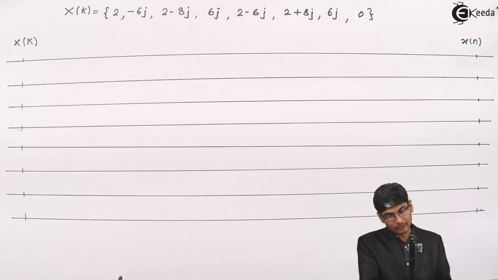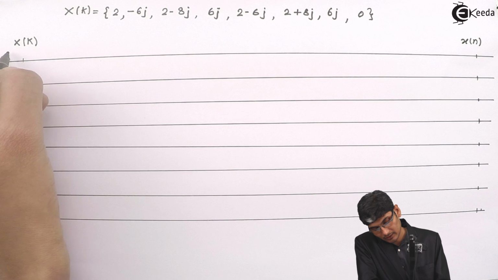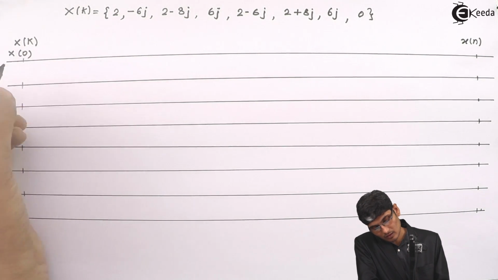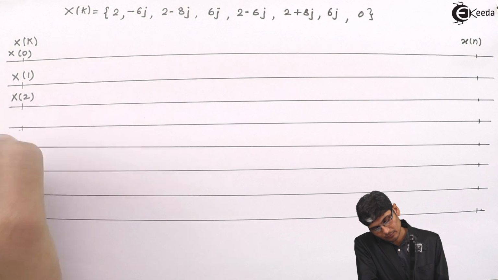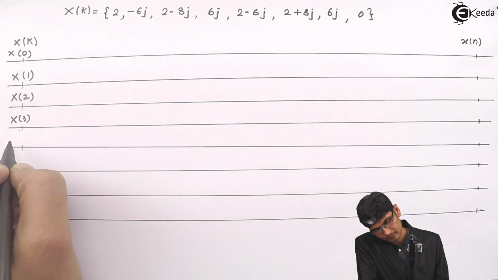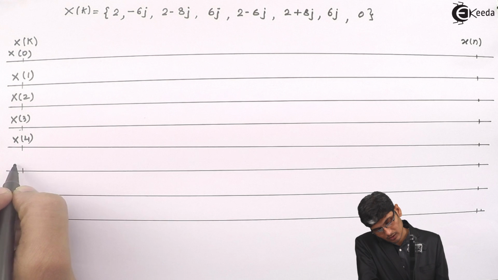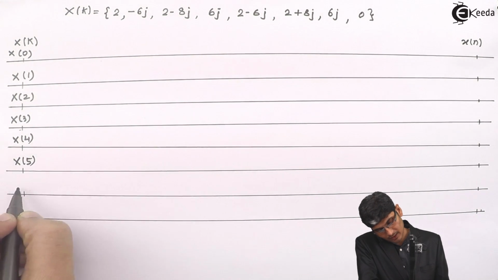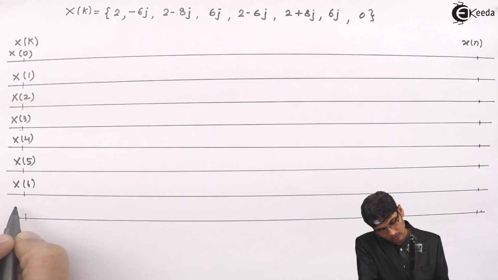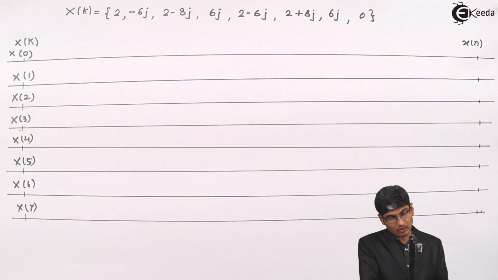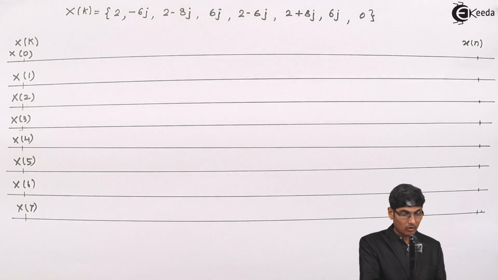Now let us first put the values of x of 0, then x of 1, then x of 2, x of 3, x of 4, x of 5, x of 6 and x of 7 in order.